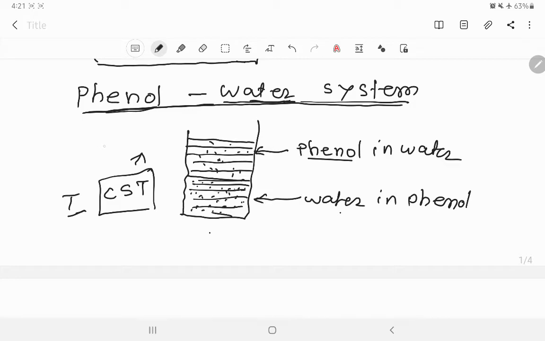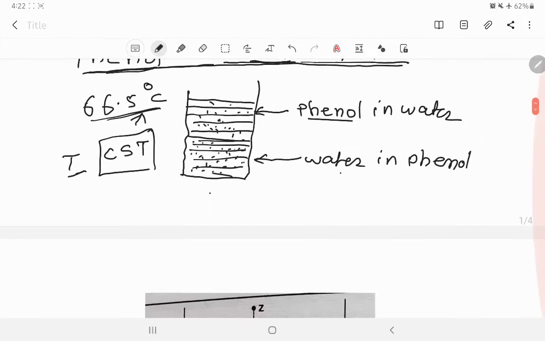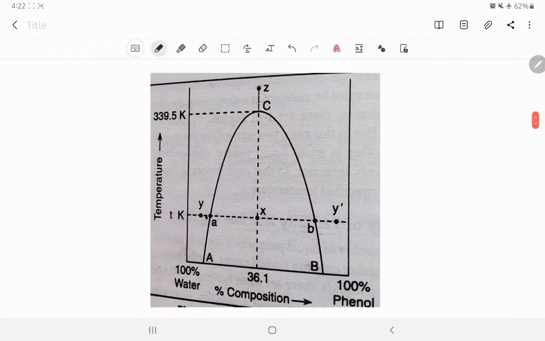It is the temperature above which two partially miscible liquid pairs become completely miscible. And in case of the phenol water system, it is 66.5 degrees Celsius.